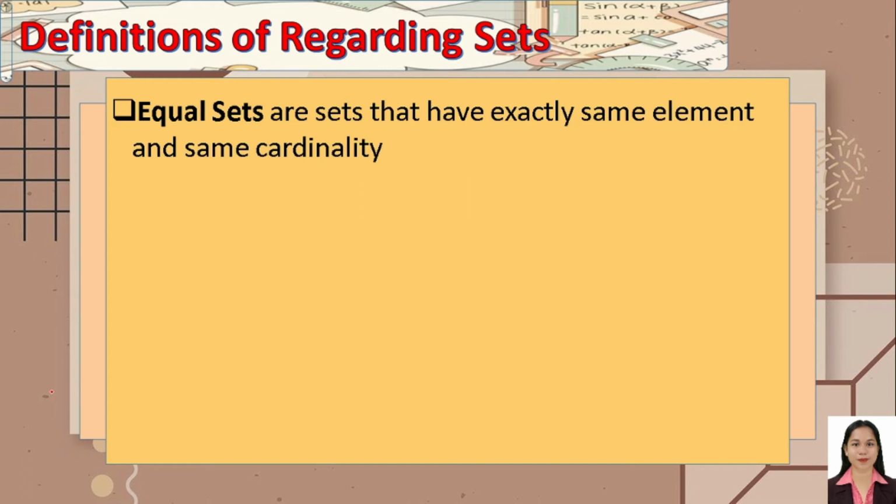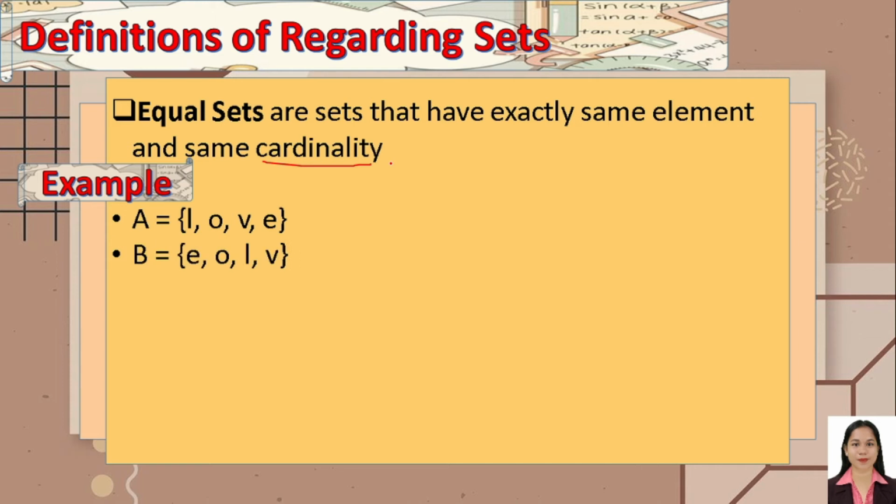Okay, next. So, equal sets. Equal sets are sets that have exactly same element and same cardinality. So, pag sinabi po natin cardinality, it pertains or it refers to the number of elements. Okay? Example. A is equal to LOVE and then set B is equal to EOLV. So, bilangin natin kung ilan yung number of elements.